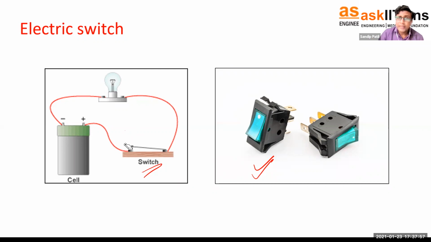So if you want the current to flow, we have to push this key like this. What will happen if you push this key? There will be contact between these two, and now current is going to flow. Now electrons will flow from the negative terminal like this. This bulb will glow, we can say. Yes, this bulb is going to glow, and yes, so the circuit will be complete.